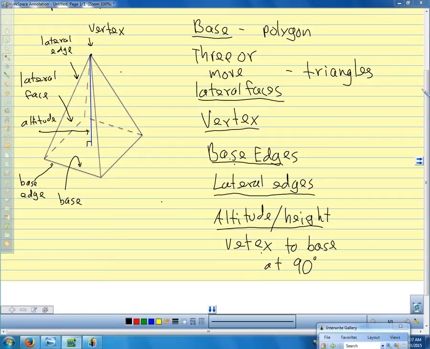We use the altitude and height kind of interchangeably. There's one other piece that's important on pyramids. If we draw from the vertex to the base edge, we call that the slant height. And it intersects the base here at 90 degrees.